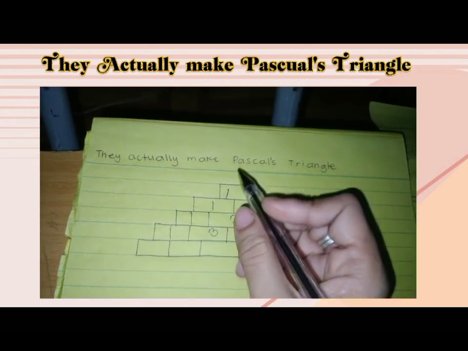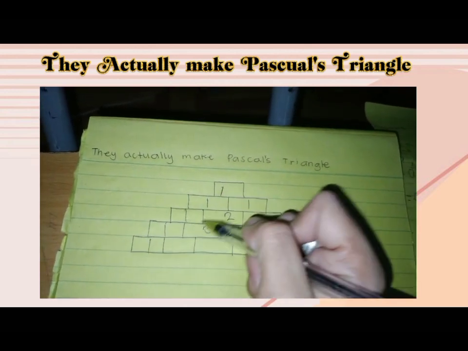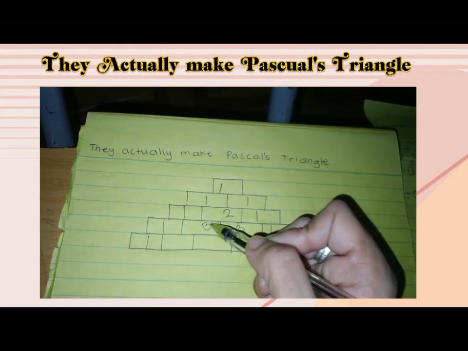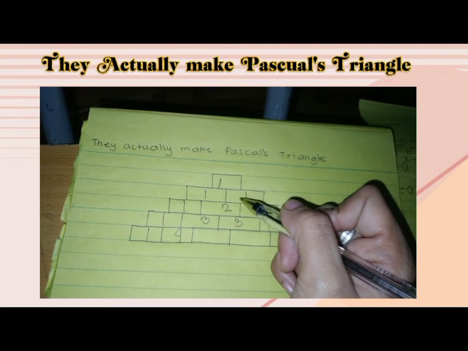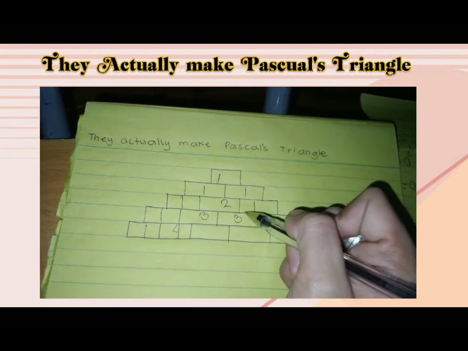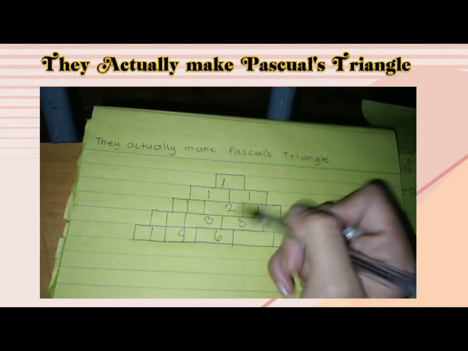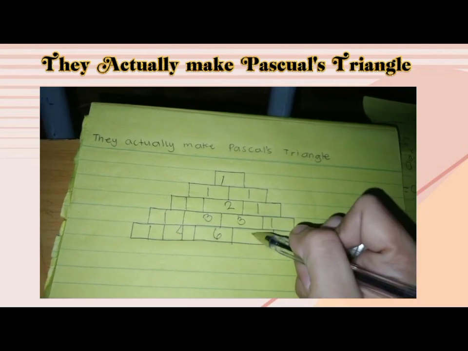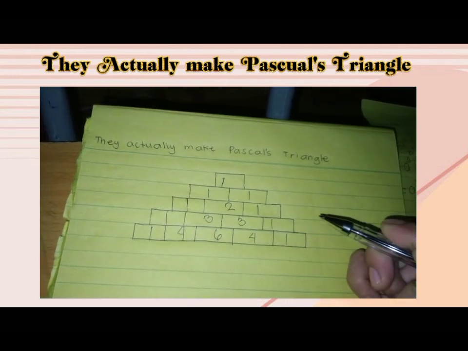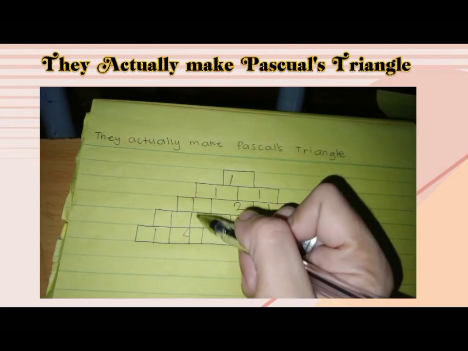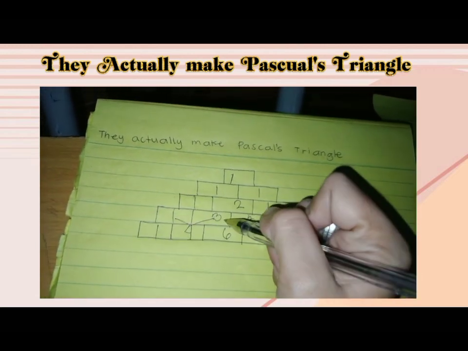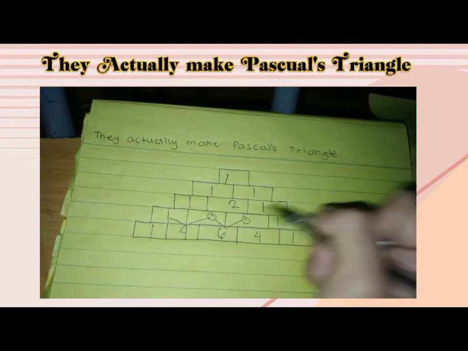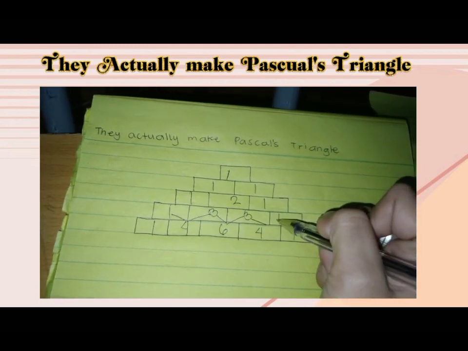Then the last is input the 1, then 1 plus 3 equals 4, so you need to add. And 3 plus 3 is 6. Then next is 3 plus 1 is 4, then input the 1. So each number is just the two numbers above added together, except for the edges which are all 1.